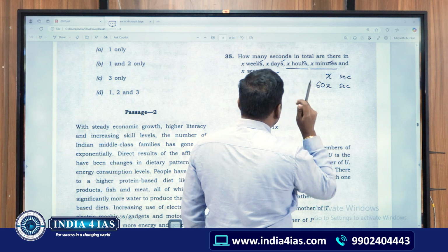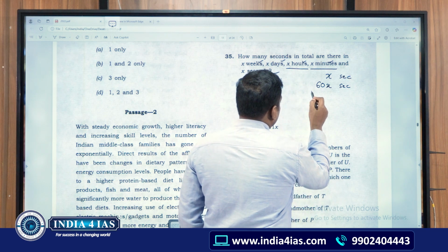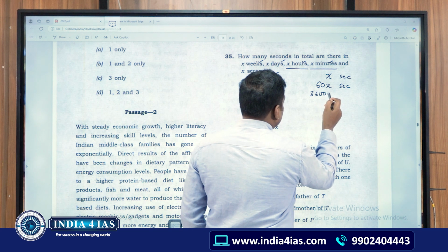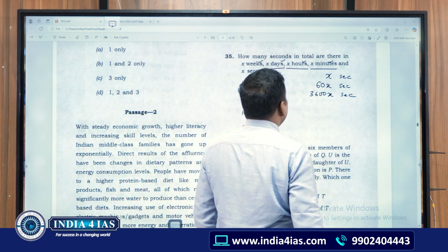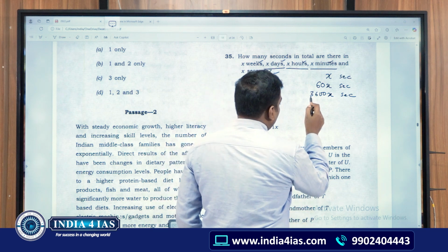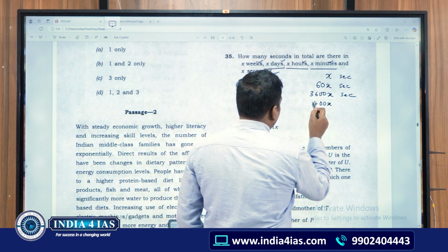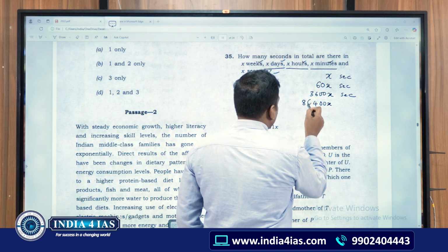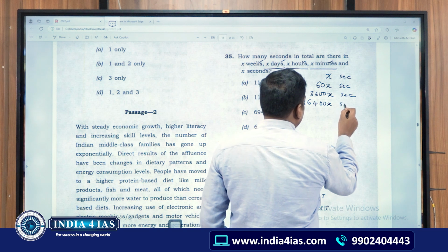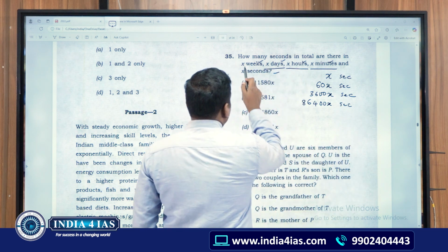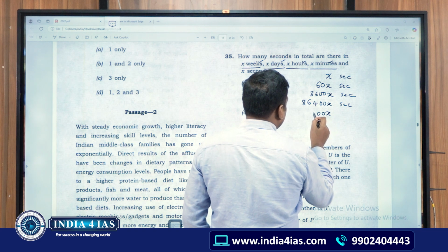Then if I take hours, every hour has 60 minutes. So this is 3600x seconds. Now days. So each day will be having 24 hours. So if you multiply 24 to this, 24 6s are 144, 24 3s are 72, 86,400x seconds. Then x weeks, that means we have to multiply by 7 here.